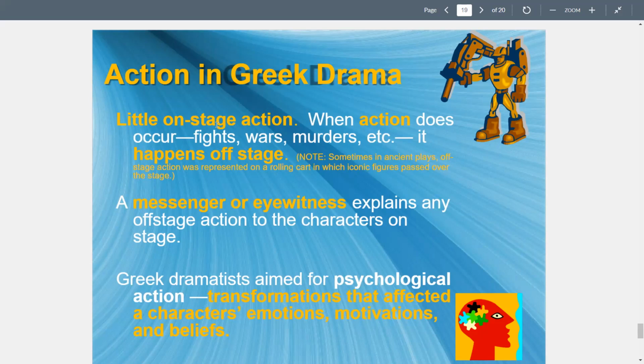Now, a lot of this is because they believed that talking about it or what had happened was enough, that you didn't need to see the violence in order to understand what had happened. And for many of the people watching, in ancient Greek times, you had 100% participation in military.